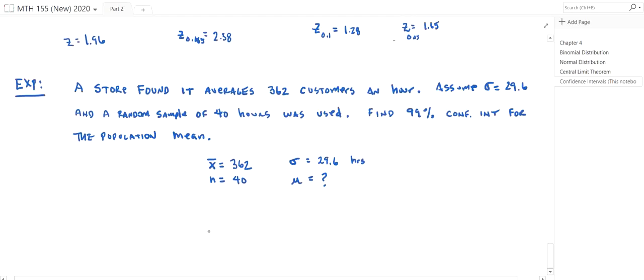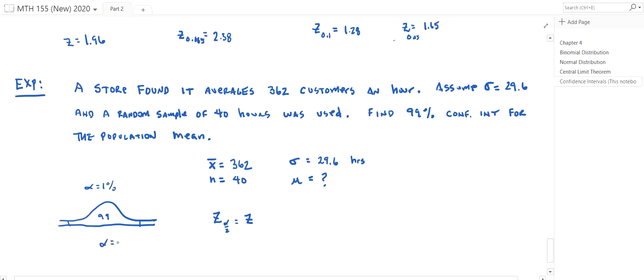Okay, next, we have to figure out what z is. Z alpha over 2 equals z. So in this case, it's always good to draw a picture. We're talking about a 99%. That means on opposite sides, alpha equals 1%.